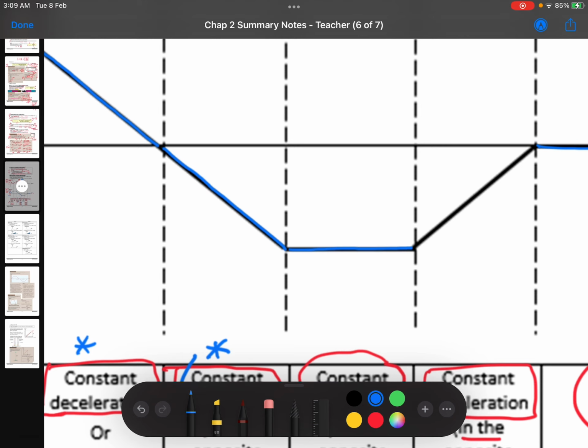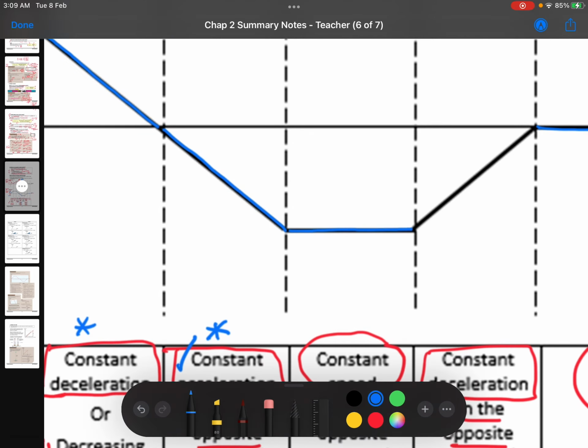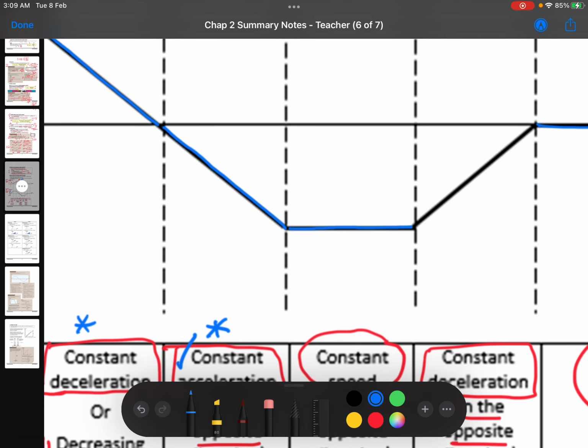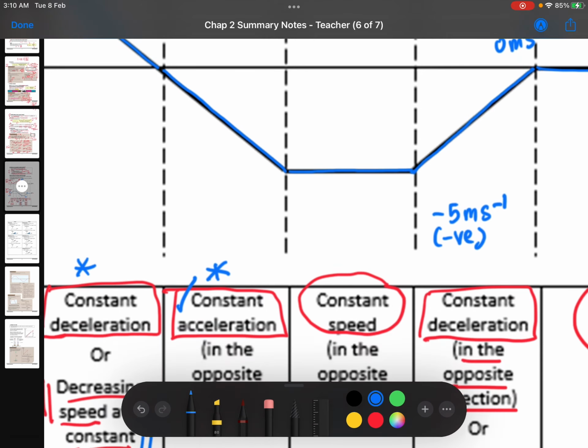Okay, so from positive in a negative direction, because we have -5 meter per second, let's say for example, in a negative direction, you become 0 meter per second. So what you have, let me erase this, what you have is actually a deceleration in the opposite direction.